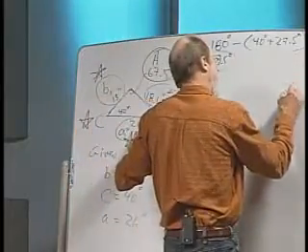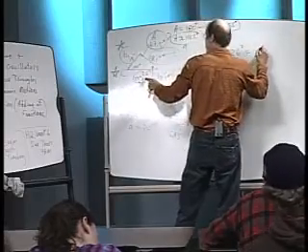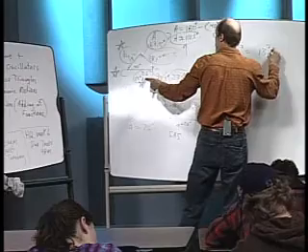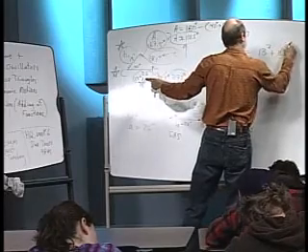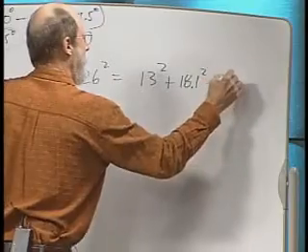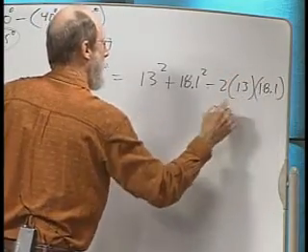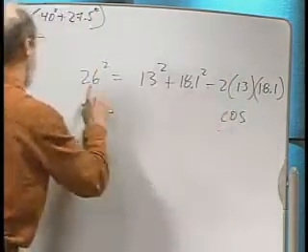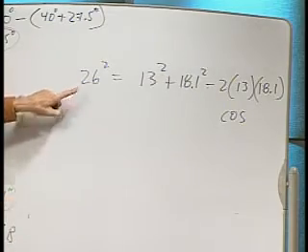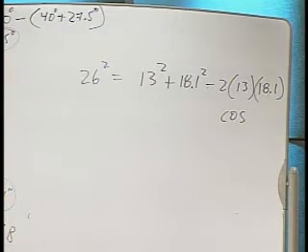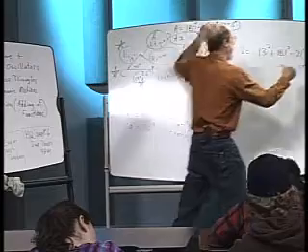So I take this 26 squared, and that's got to be equal to the 13 squared plus the 18.1 squared, minus 2 times 13 times 18.1 times the cosine of the angle opposite the 26-inch length, which is the angle A that we were having trouble with.